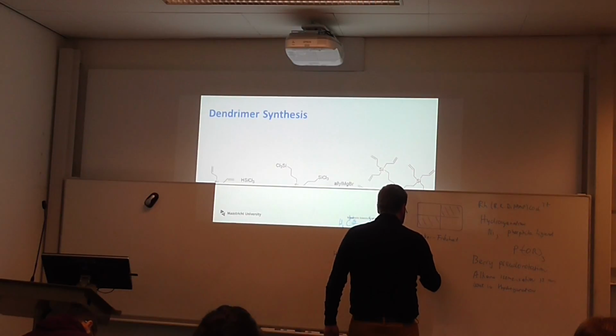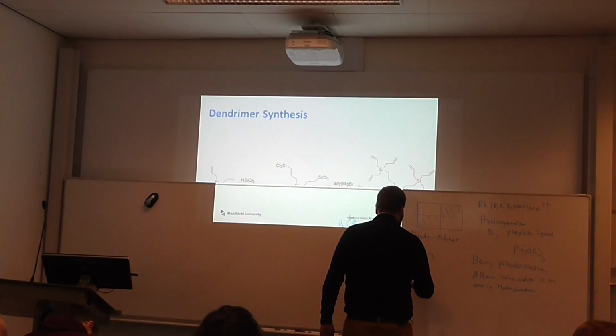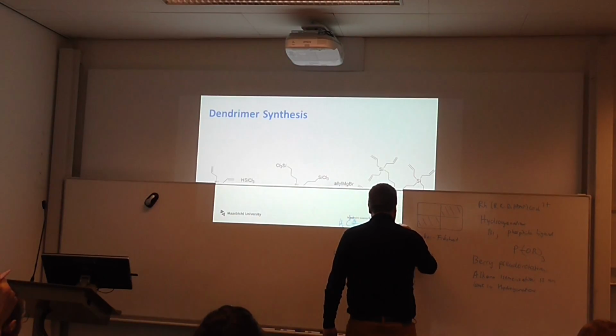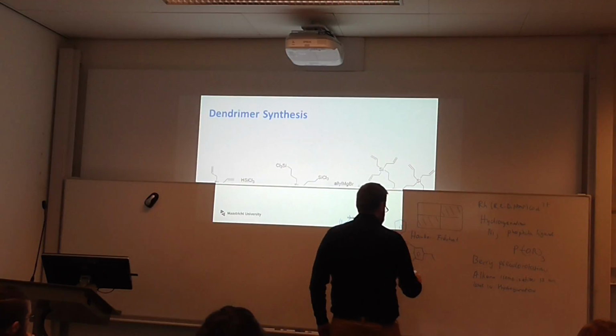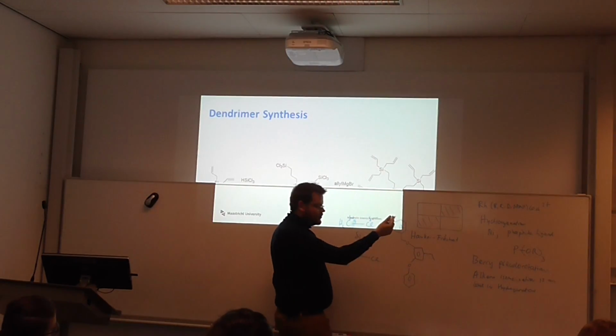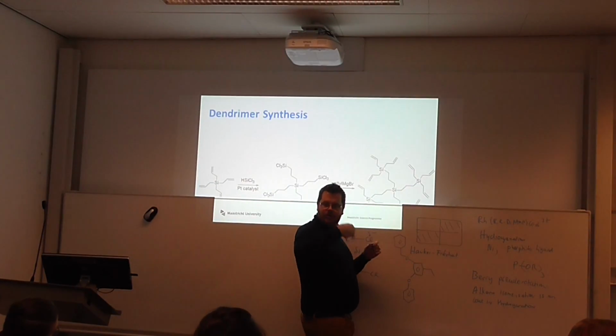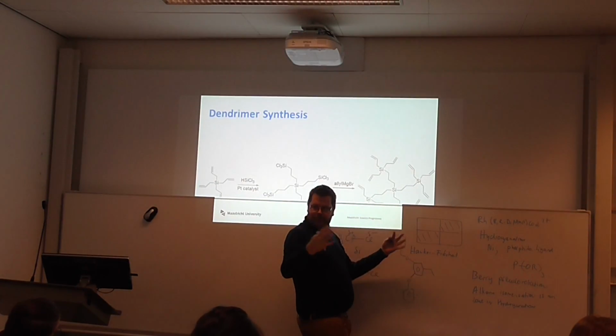And these were based on polybenzyl phenyl ether. Basically, they looked something like this. So that would be the first generation dendrimer, and then, similar to what we see here, you can build them up in an arithmetic progression.